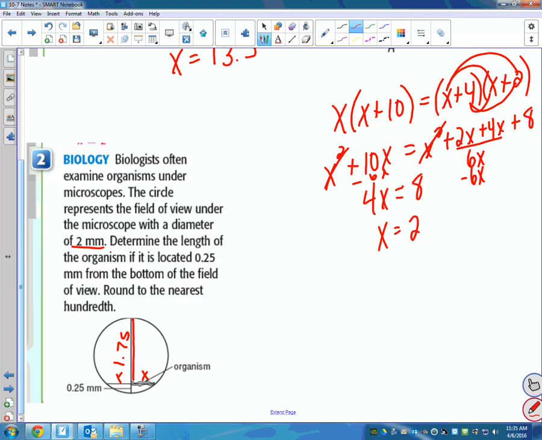So I can set up the equation that this side times this side, so x squared, that would just be x times x, is equal to this side times this side, which is 0.25 times 1.75. I don't know where my calculator went.